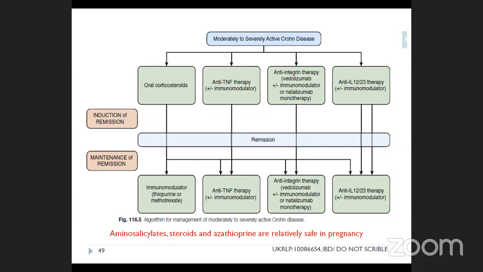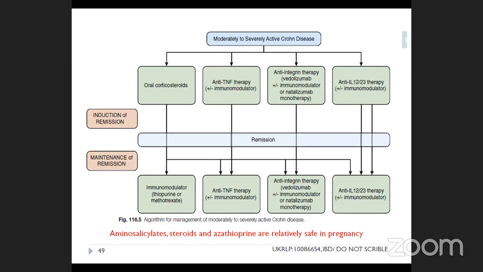Any patient who has moderate to severe active Crohn's disease, start the patient on oral steroids, as 5-ASA may not be that helpful. If the patient achieves remission of symptoms, try to use methotrexate or thiopurine for maintenance of remission. If you start the patient on other drugs like immunomodulators or targeted therapy, try to maintain the patient on the same targeted therapy.